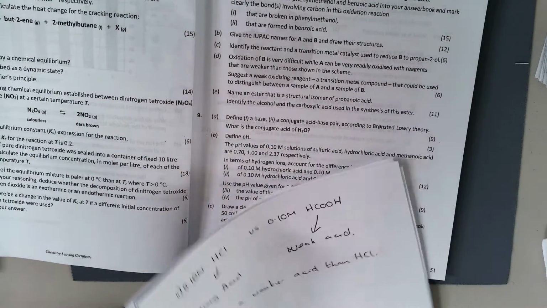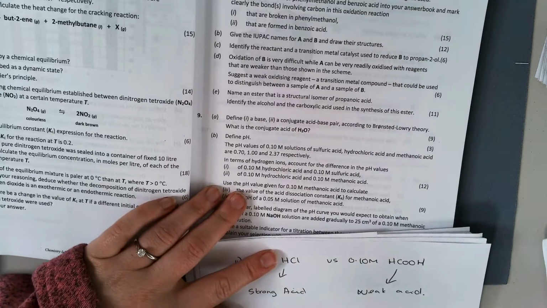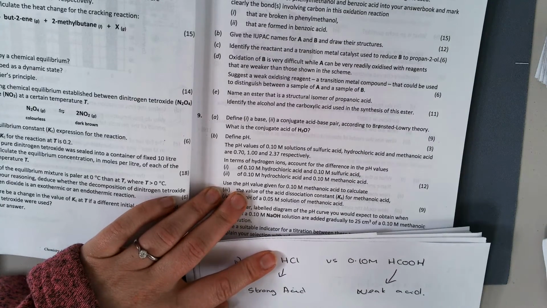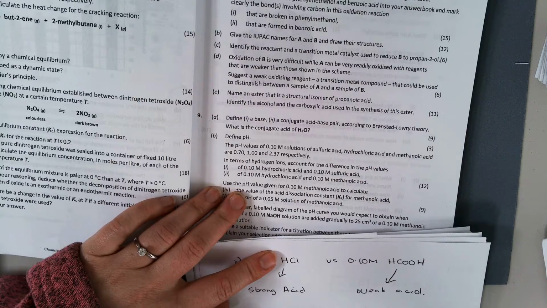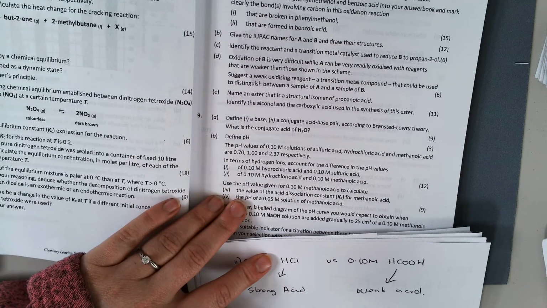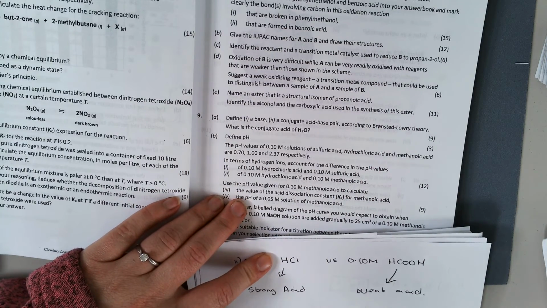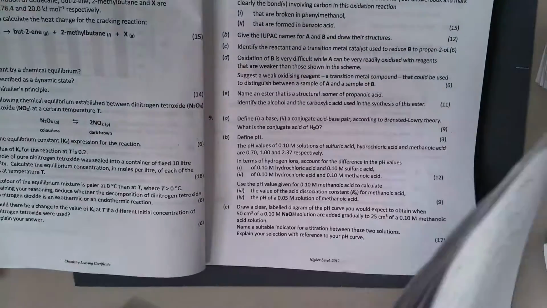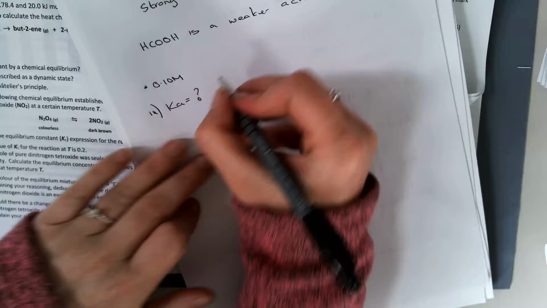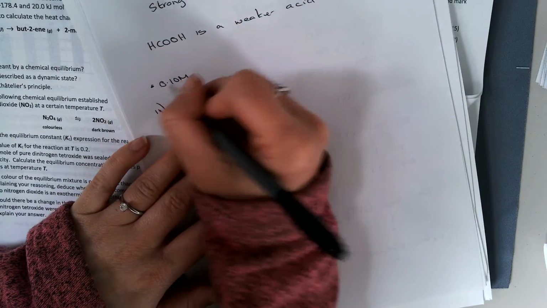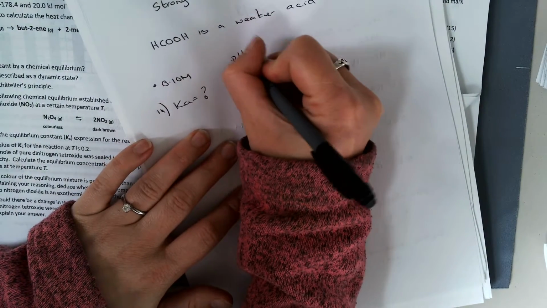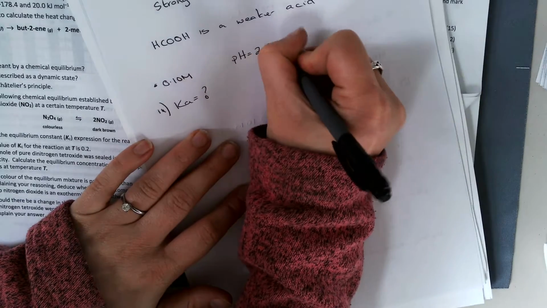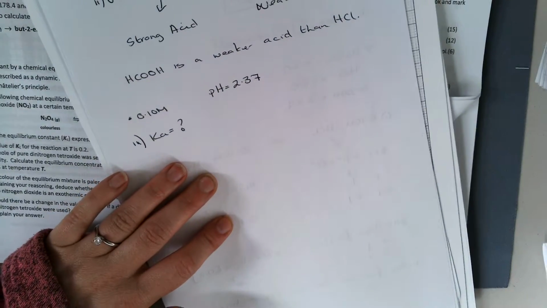Then you're asked to use the pH value given for 0.10 molar methanoic acid to calculate the value of the dissociation constant Ka. So I'm asked here to find Ka. The first thing I know is that I have 0.10 molar, but I also know my pH because I'm told in the question that that's 2.37.